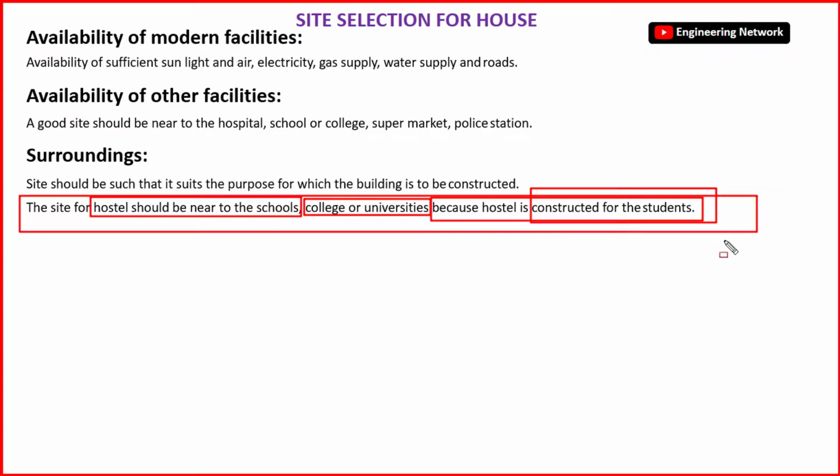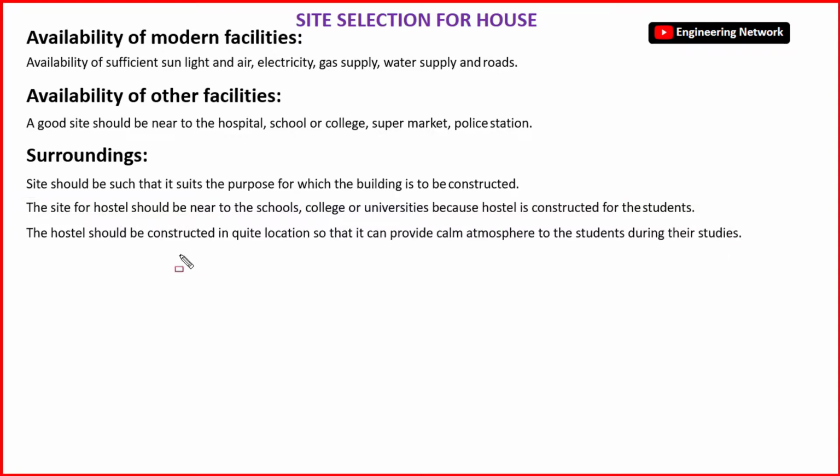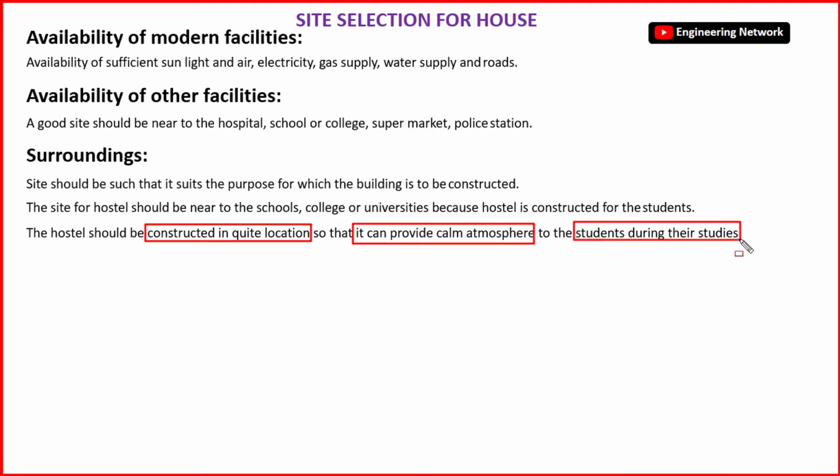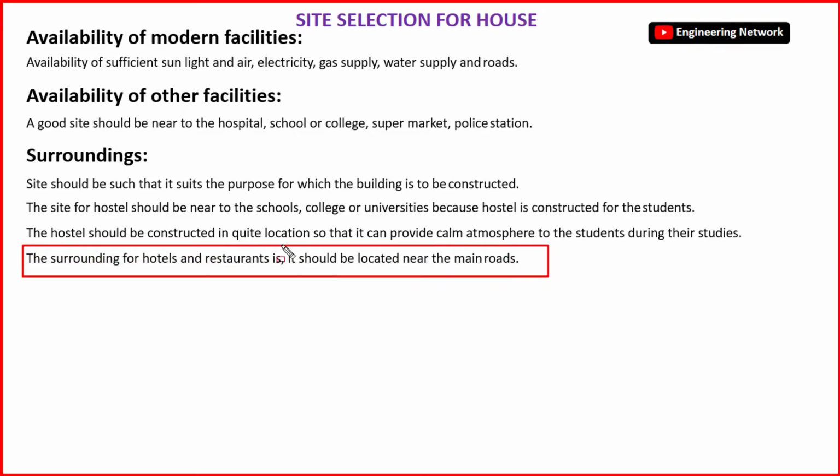So if the hostel is not near a university or college, then no one will stay there. Also, hostels should be constructed in a quiet location so that it can provide a calm atmosphere to the students during their studies. Similarly, the surroundings for hotels and restaurants should be located near the main roads.